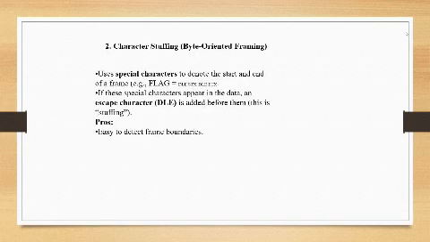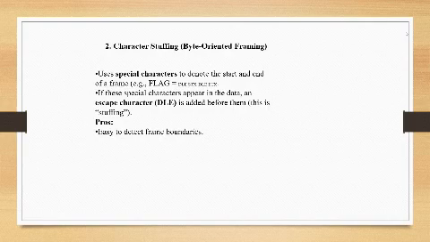Next is character stuffing, or byte oriented framing. It uses special characters to denote the start and end of a frame. If this special character appears in the data, an escape character, DLE, is added before it. This is stuffing. Character stuffing is a byte oriented method.